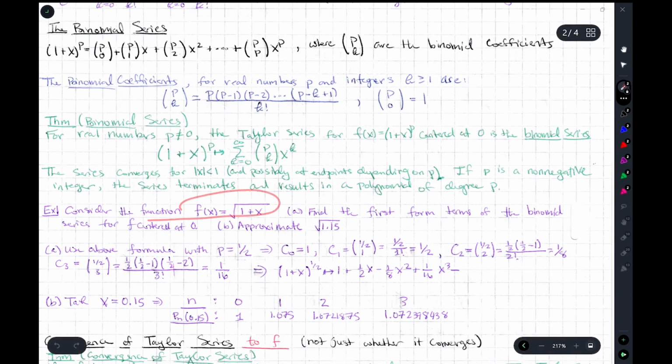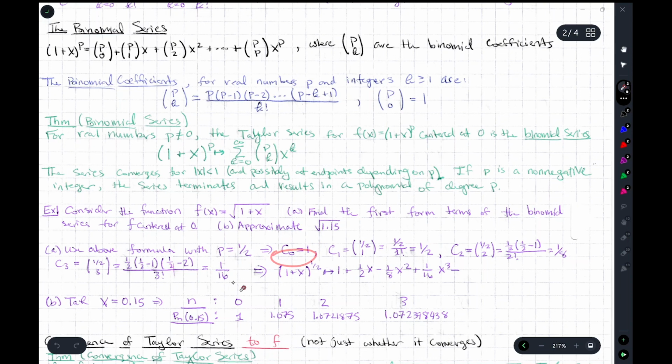Consider the function f of x equal to the square root of 1 plus x, and right off the bat you can see this is the binomial series with p equals 1/2. Find the first 4 terms of the binomial series for f centered at 0 and approximate the square root of 1.15. So we use the above formula with p equals 1/2.